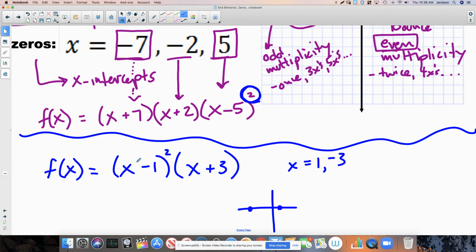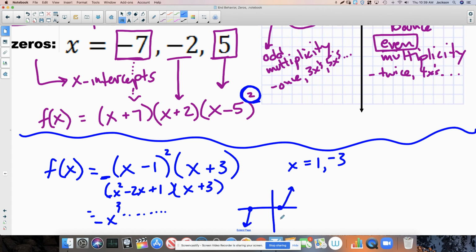Now, if I multiplied out this entire thing, this quantity would end up being x squared minus 2x plus 1, and I would have an x cubed, and so on, and that x cubed would be the highest degree, and the leading coefficient to this whole thing is positive, so I know the end behavior would have to go like this, right? But these are the only two zeros in the problem.